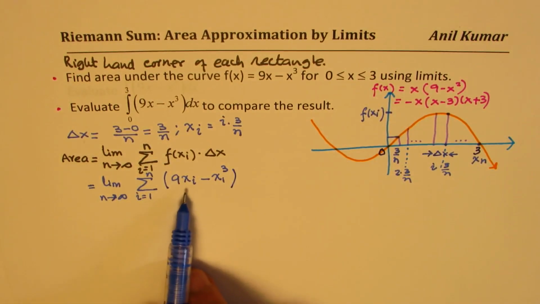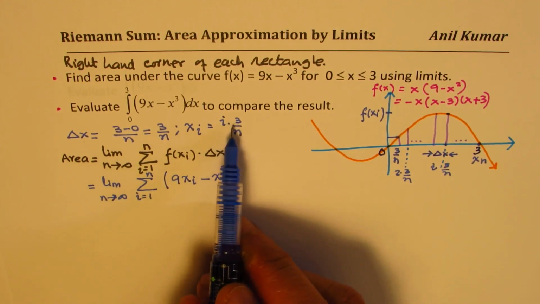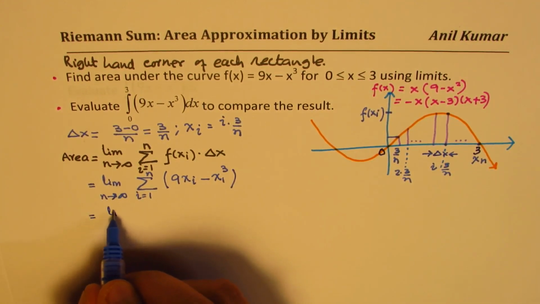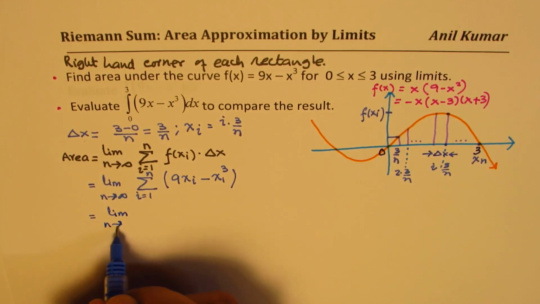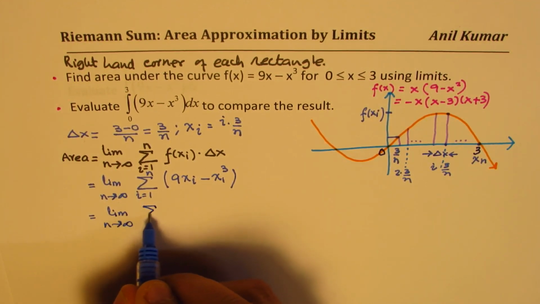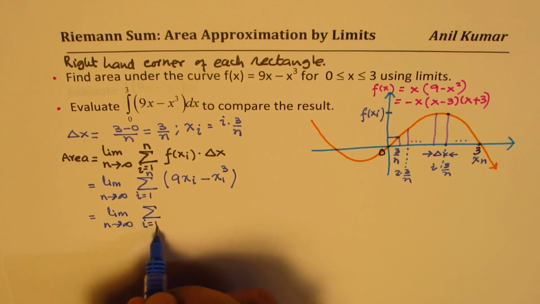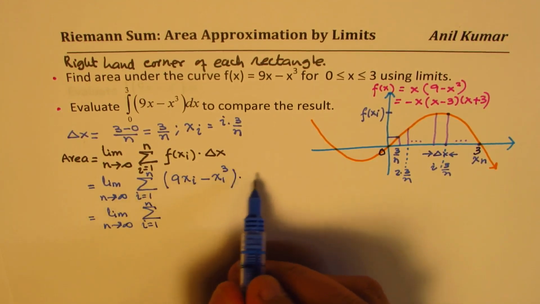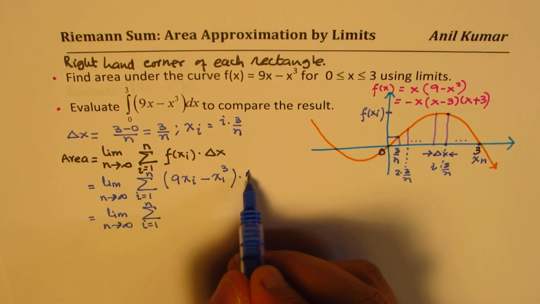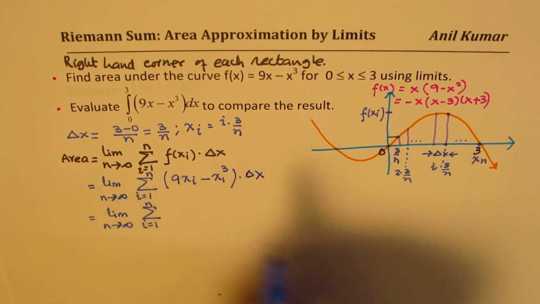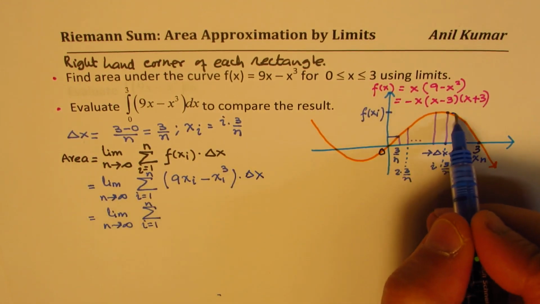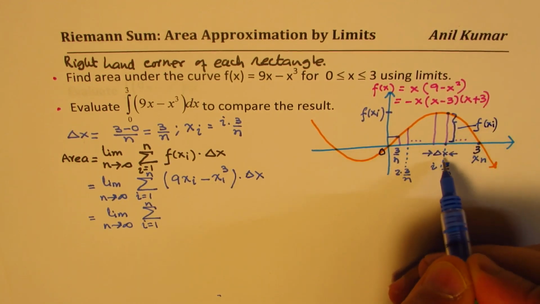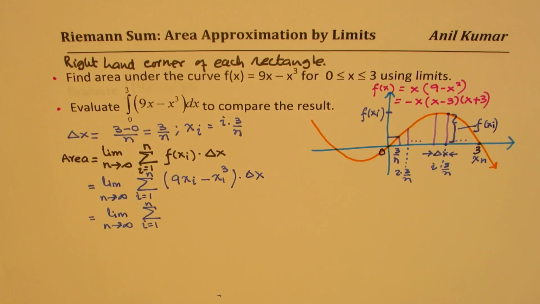Now, for us, xi is 3 times i over n. So we can write this as limit n approaches infinity sigma i equals 1 to n, times delta x, the width. That becomes the area. So f of xi is this length, and this is f of xi times delta x.